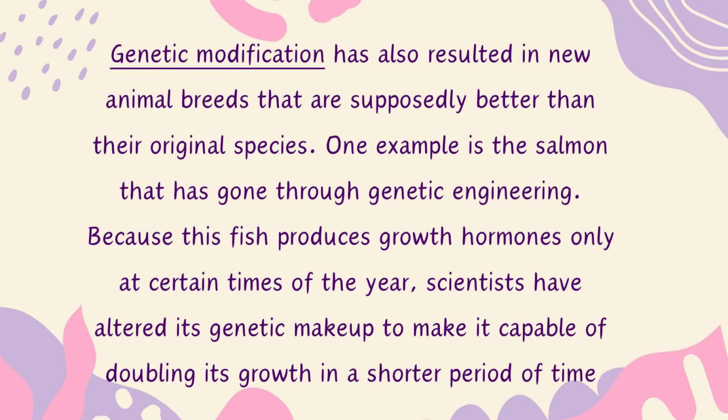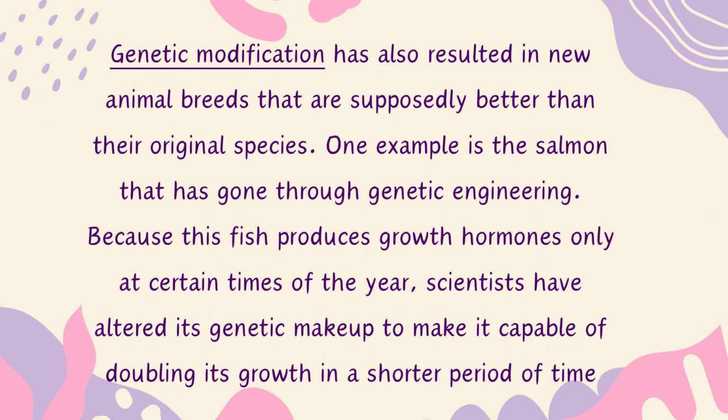Genetic modification has also resulted in new animal breeds that are supposedly better than their original species. One example is the salmon that has gone through genetic engineering. Okay, minodify daw yung salmon. Because this fish produces growth hormone only at certain times of the year, scientists have altered its genetic makeup to make it capable of doubling its product.